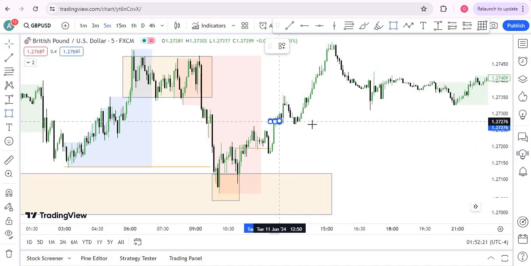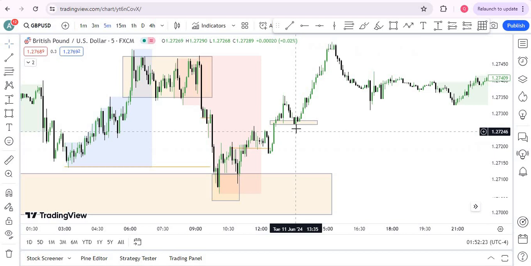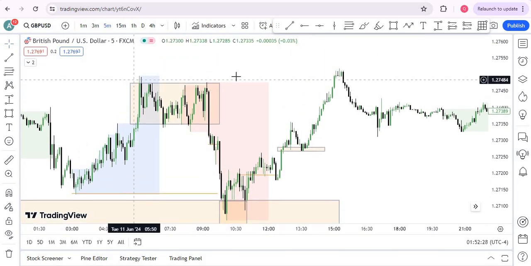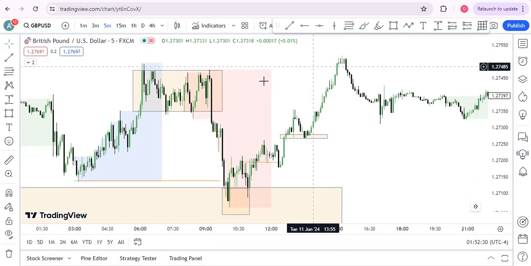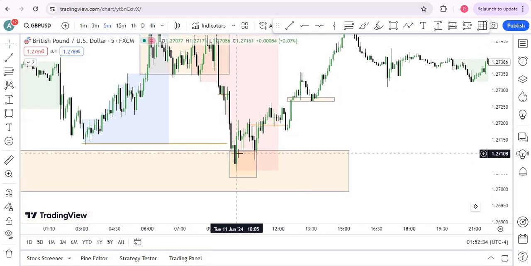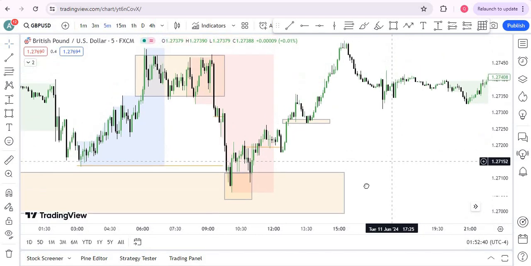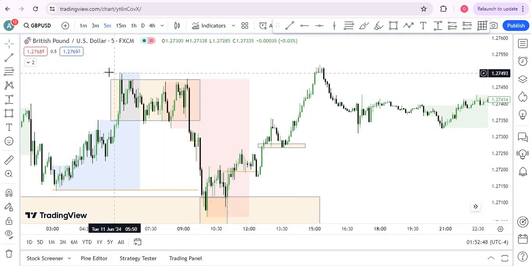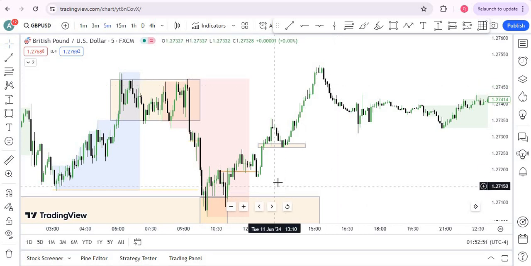Here this is the fair value gap, price came, and you have this liquidity on the upside. What is the time the price reversed? 10 AM New York time, UTC-4 New York time. When it reached the liquidity, 3 PM. The AM session starts and in the PM session it takes the liquidity, right?